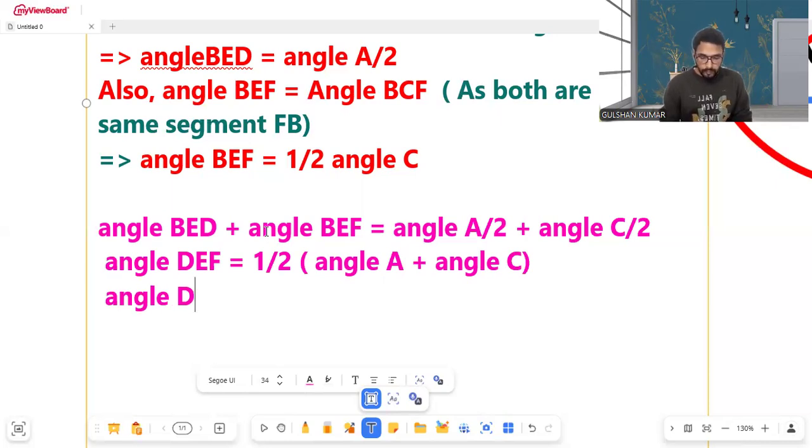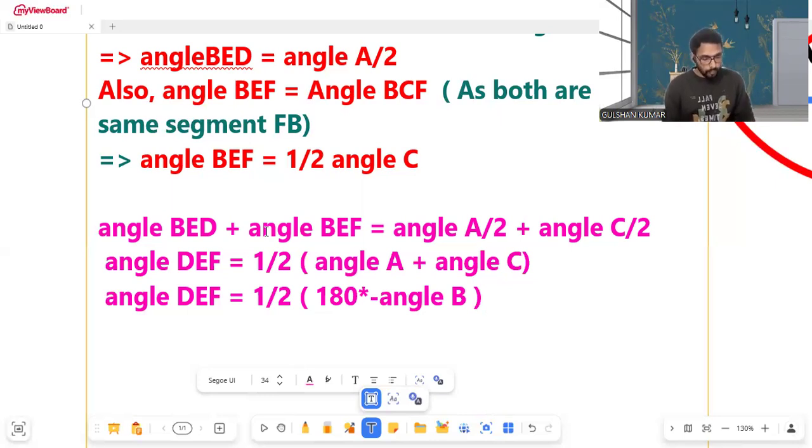angle DEF will be equal to half of 180 degrees minus angle B. Why?